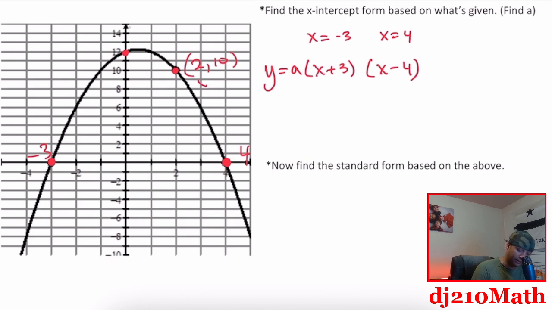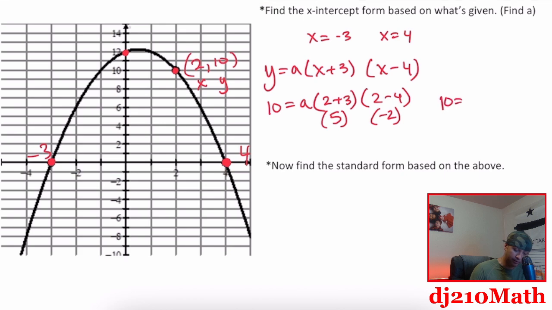So plugging in x and y: 2 for x and 10 for y. So 10 is equal to a times (2 plus 3) times (2 minus 4). 2 plus 3 is 5. 2 minus 4 is negative 2. And all this is being multiplied. So 10 is equal to 5 times negative 2, which is negative 10, times a.